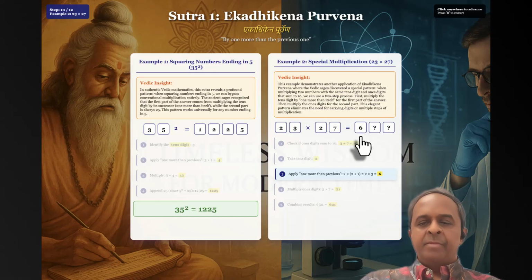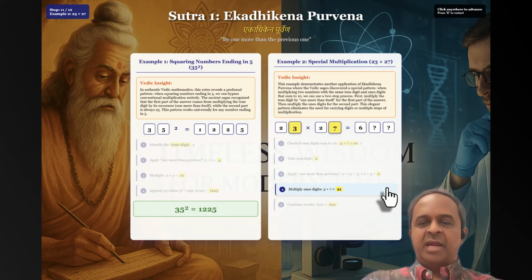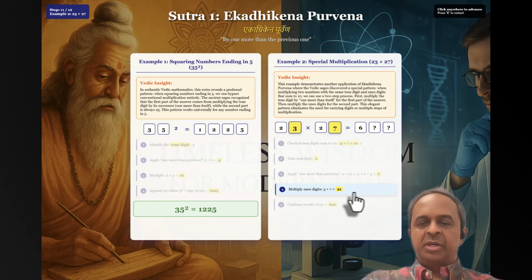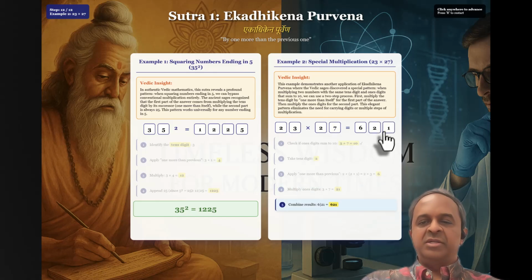And then you have 3 and 7. You multiply those, and that's 21, right? So you put 21. So 23 times 27 is 621. Again, this applies if the tens digits are the same and the units digits total up to 10.